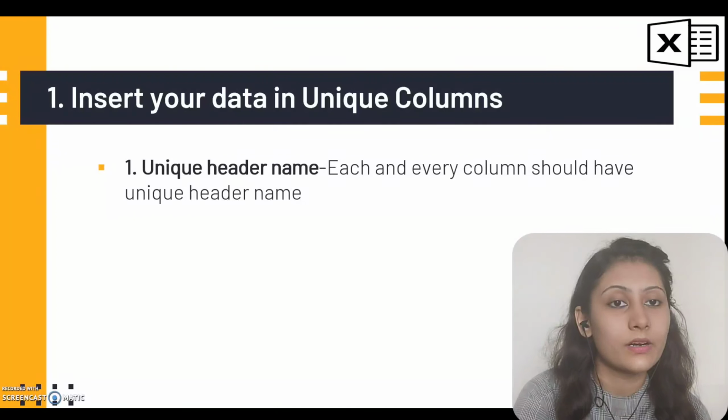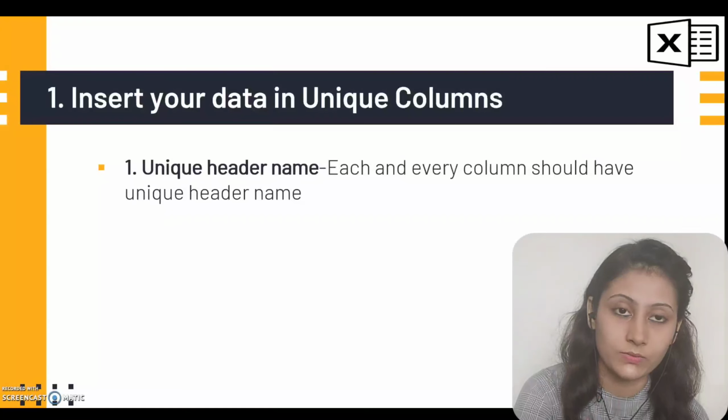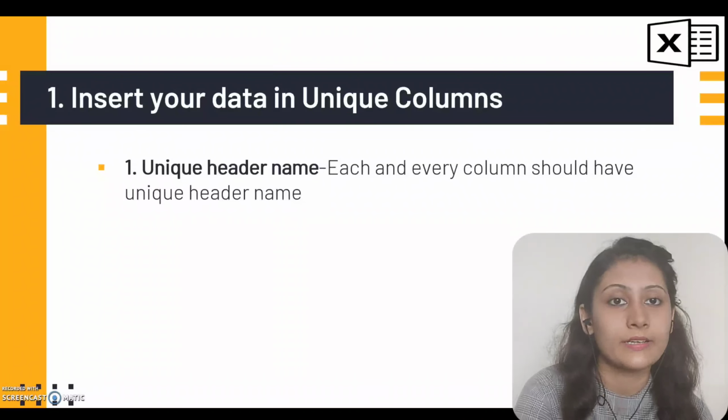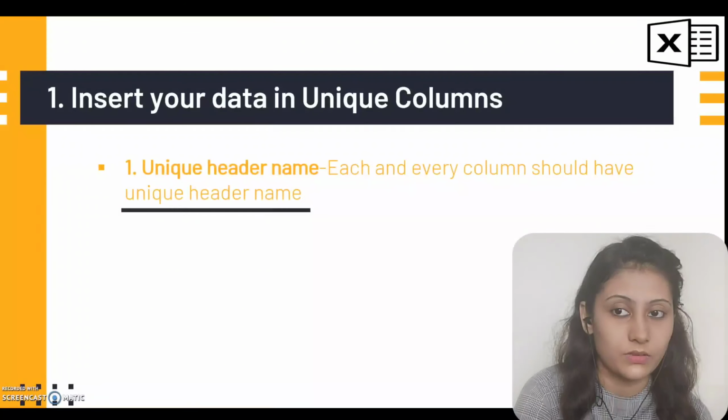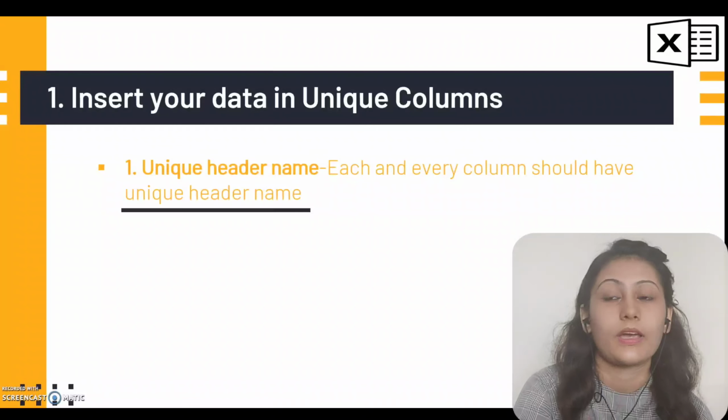So unique header name is that thing where you have to create proper column headers so that your data is bifurcated and arranged in a very organized manner. Okay, first step to create a pivot table. Second point is no empty cells.